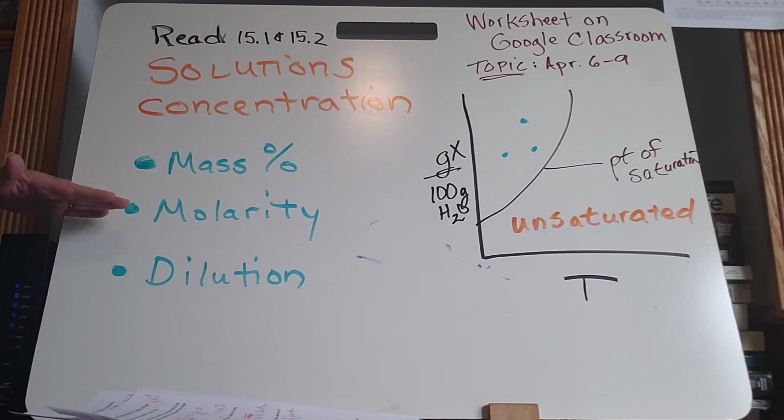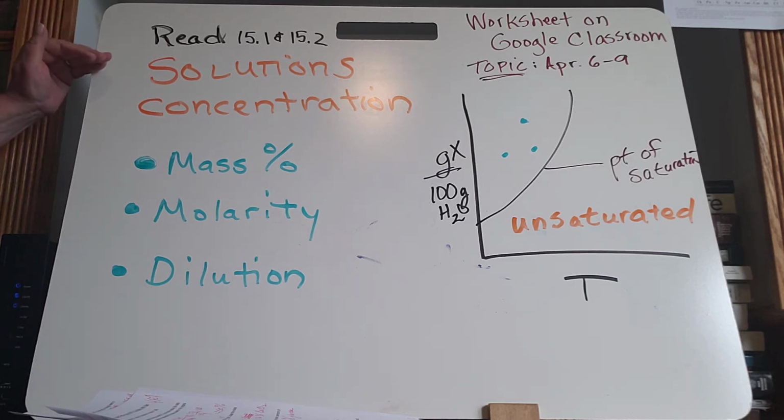Molarity, we're going to be looking at how many moles of sugar are in the water. And dilution is how much water we need to add to dilute the starting solution. So all of them are about solutions and changing the concentration or determining the concentration of the solution.